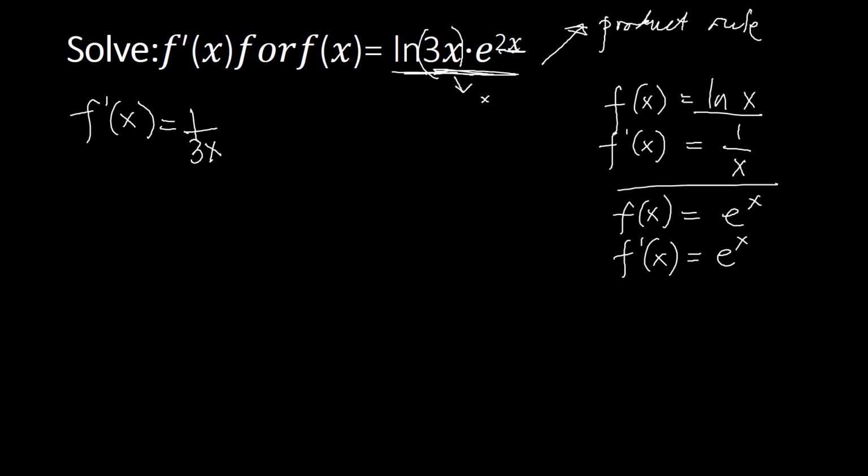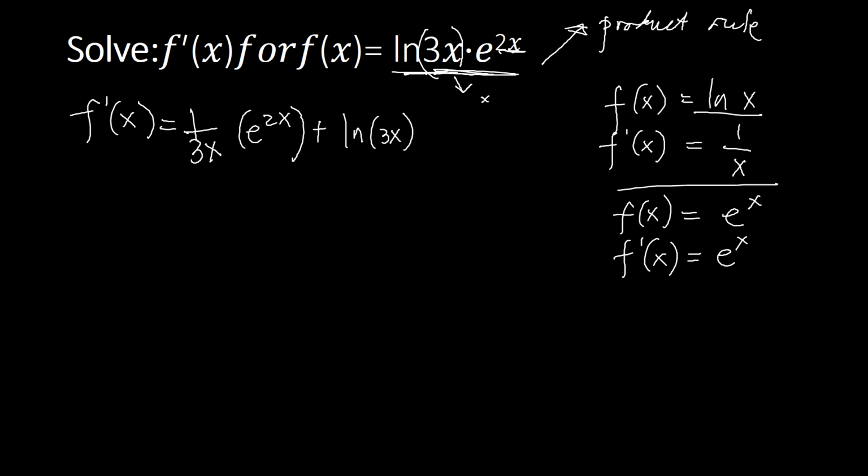In the product rule, once we've taken the derivative of the first factor, we multiply that one with the second factor without getting the derivative. And then plus, since we have already done the derivative of the first factor, we copy the first factor.